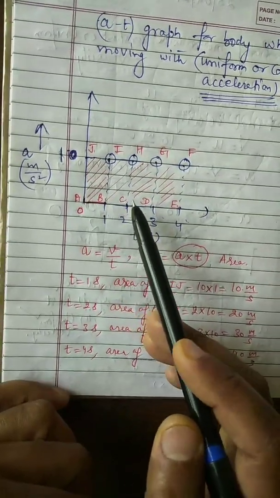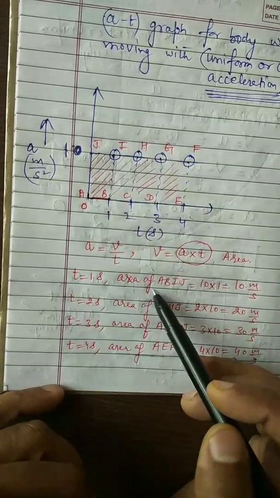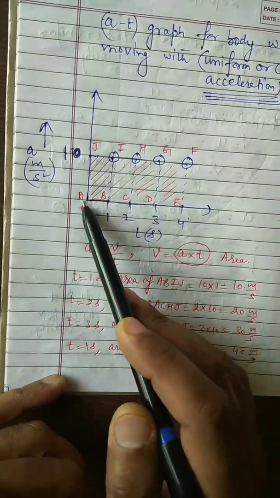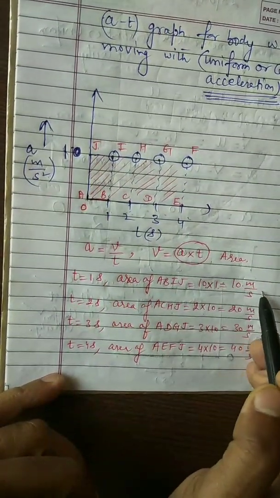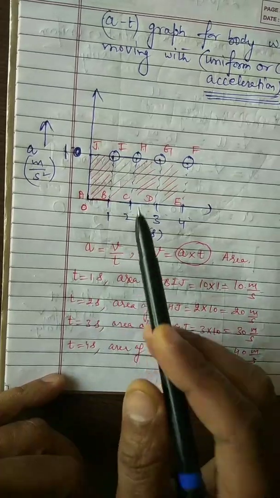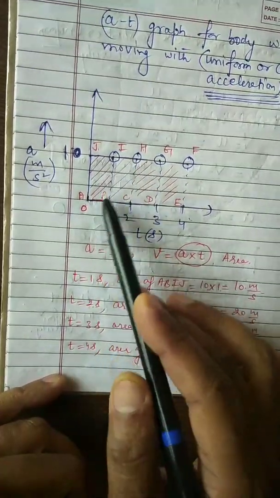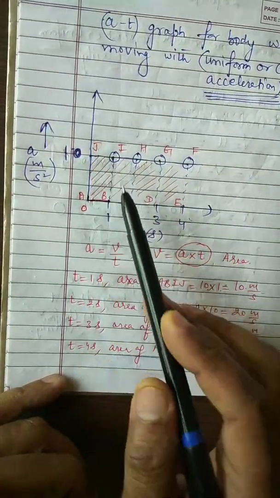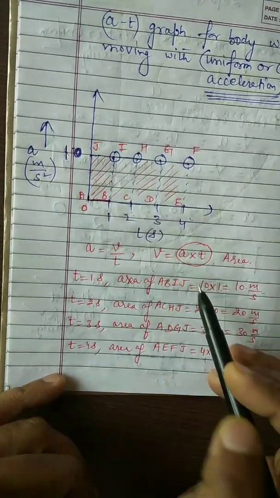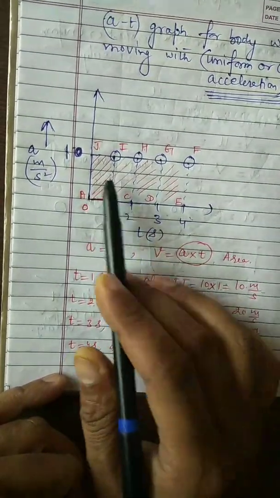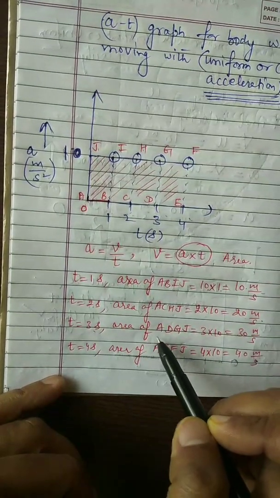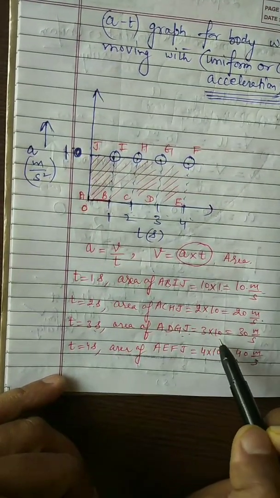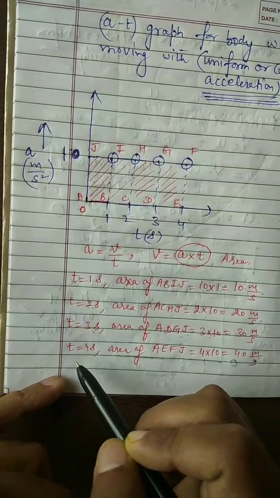So for 1 second, the area of this rectangle ABIJ, length into breadth, that is 10 into 1, 10 meter per second. For 2 seconds, for this rectangle ACHJ, you have to find the area, that is 2 into 10, 20 meter per second. Similarly, for 3 seconds, the area of ADGJ, that is 3 into 10, 30 meter per second.